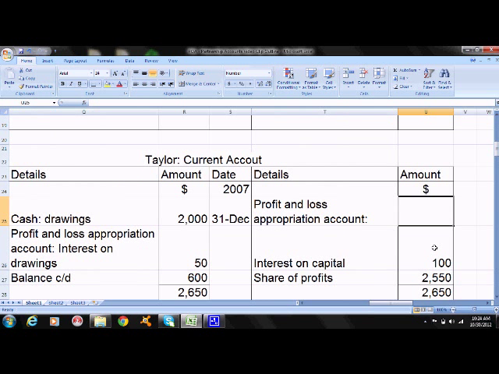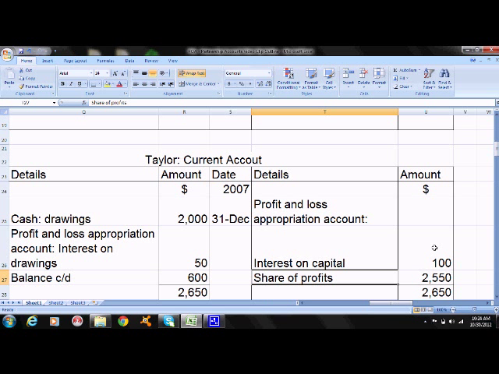We then credit the current account with the interest on capital from the profit and loss appropriation account, which is $100, coming from the appropriation account that you did before. Share of profits is $2,550.